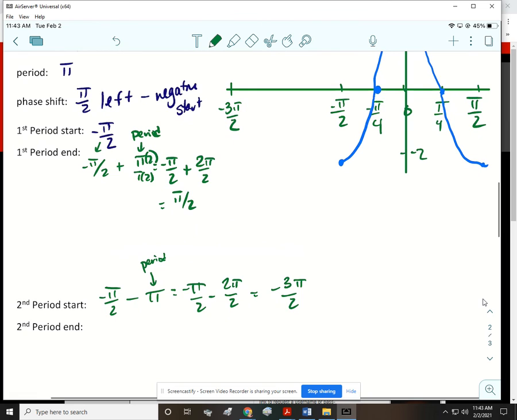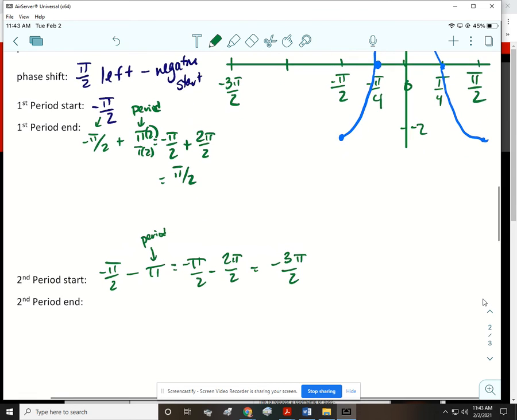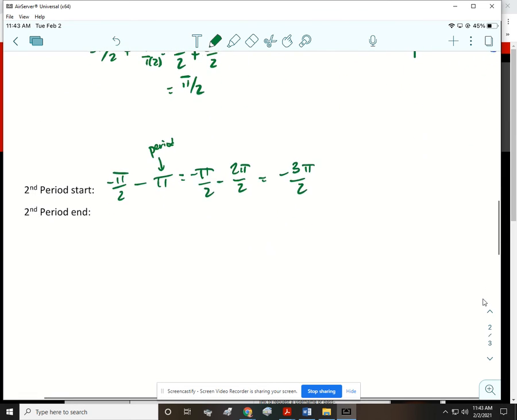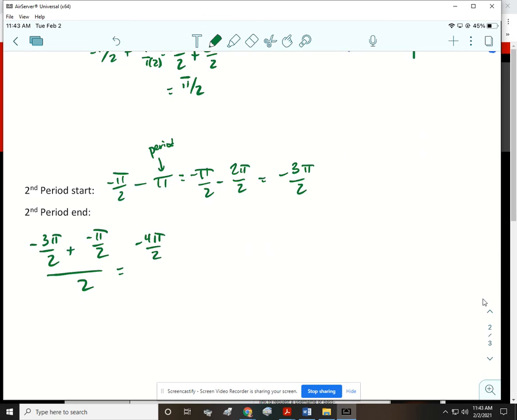Alright. And then I need halfway in between those. So that means I'm going to add them together. And then divide by 2. So negative 4 pi over 2 divided by 2 is going to be negative 2 pi divided by 2 or negative pi.